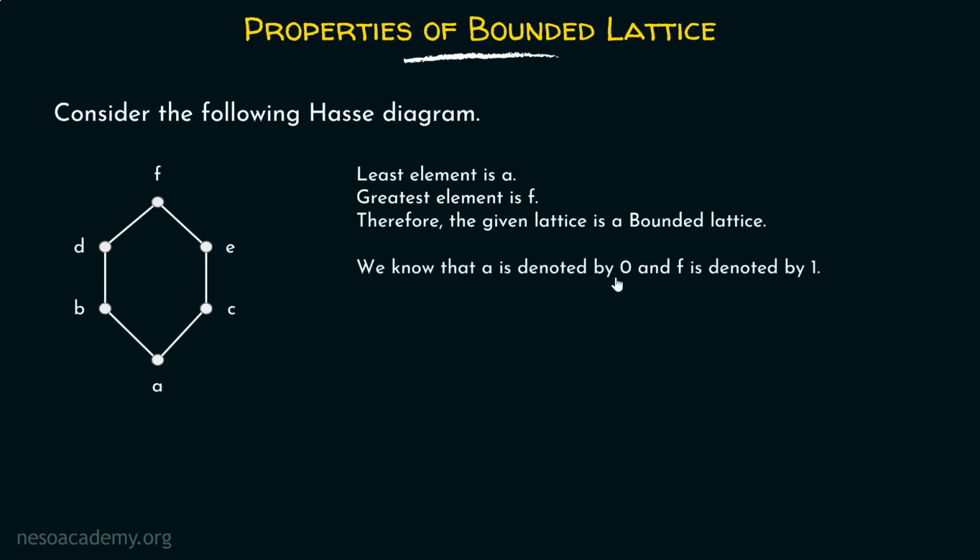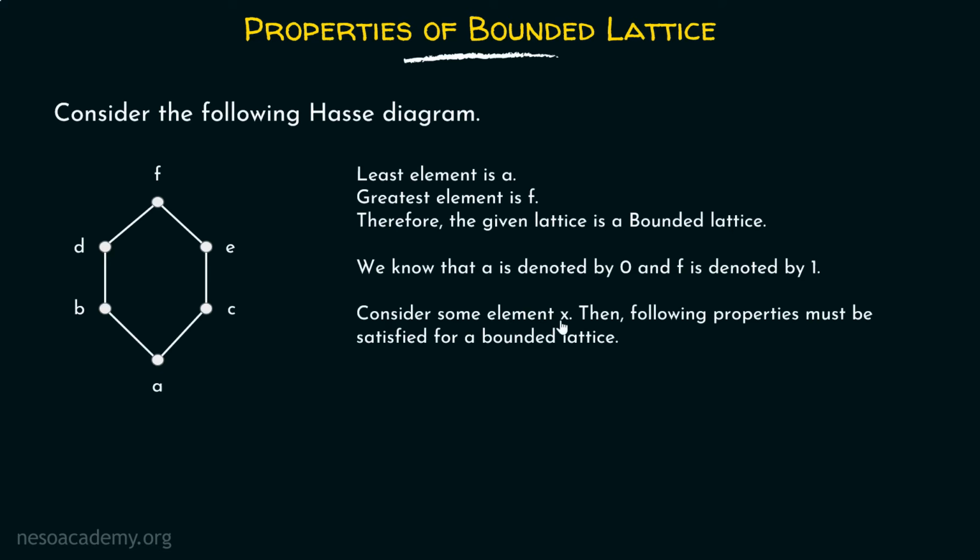We can denote A by 0 and F by 1 because A is the least element and F is the greatest element. Consider some element X, then the following properties must be satisfied for a bounded lattice.